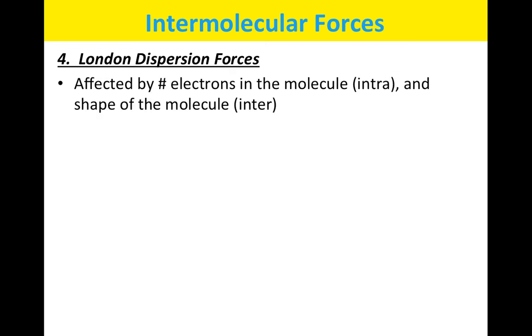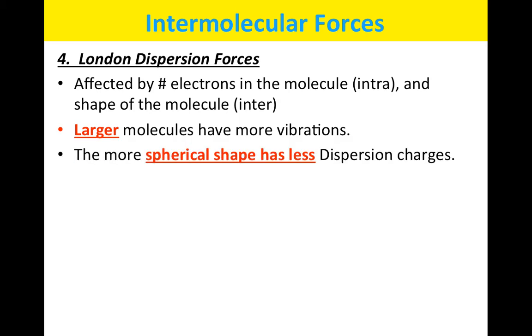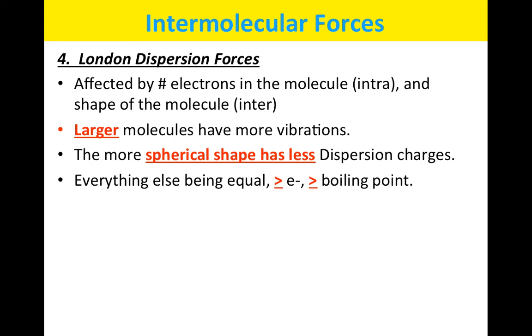So it depends on the number of electrons in the molecule and the shape of the molecule. The longer or larger the molecule is, the more vibration, so you have a greater chance of these distortions happening. However, if you have a circular molecule, and if we talk about this in organic chemistry, that's grade 12, you will have less of a distortion because it's a circle. Those charges can be easily spread over that molecule.